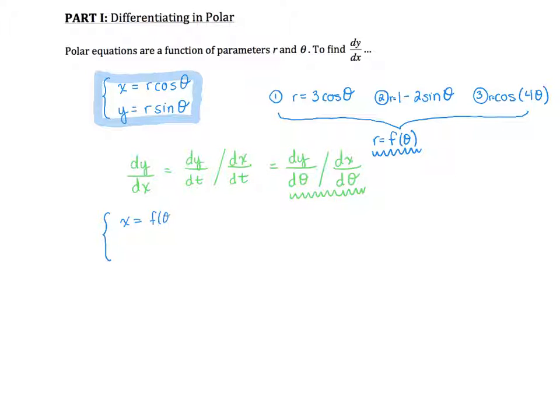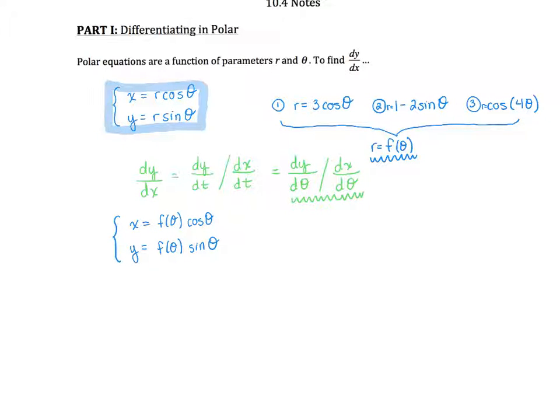Hey, I know my radius is a function of theta. Fantastic. And then same thing for y. And so now we can figure out dx d theta and dy d theta because we've reduced x and y to a function of a single variable, theta.